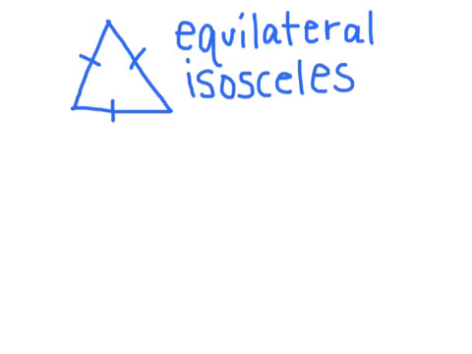Now, what about if I asked you to name it by angles? What would you call it? Will? Acute. Yep. All of the angles are acute. Does it have a right angle marked in it? No. Okay. There's one other word we could use. Darian? Does it have an obtuse angle in it?